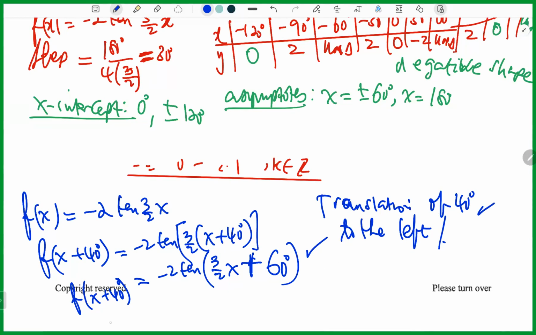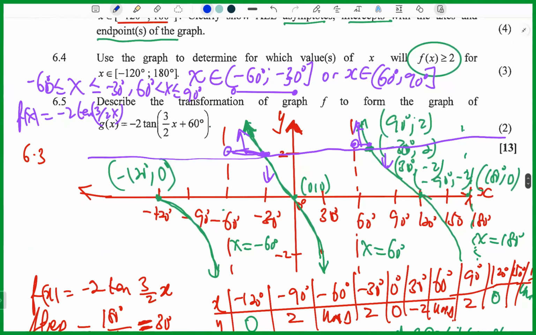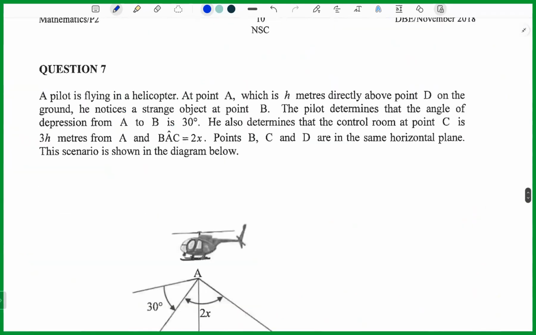So that's what happened. So it was just x plus 40. Okay. Right. We are going on. So that's what we get from the graph question. Obviously, this lesson is being recorded, so we'll have an opportunity to enjoy that.